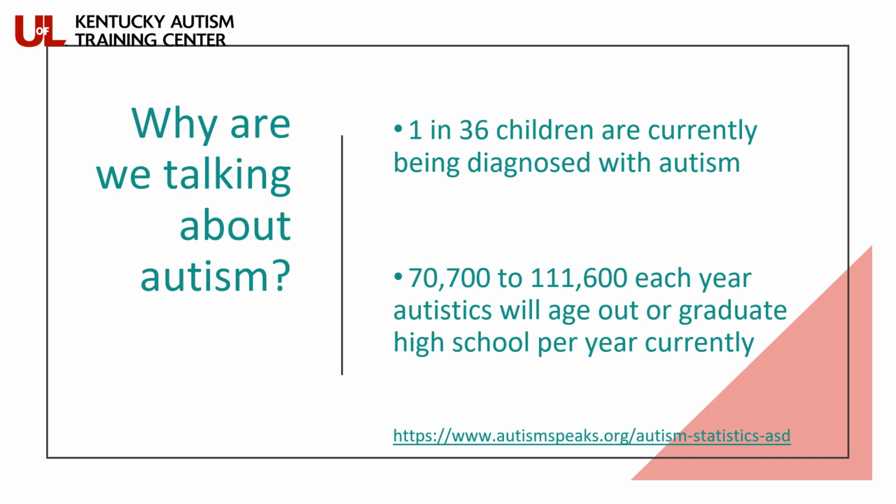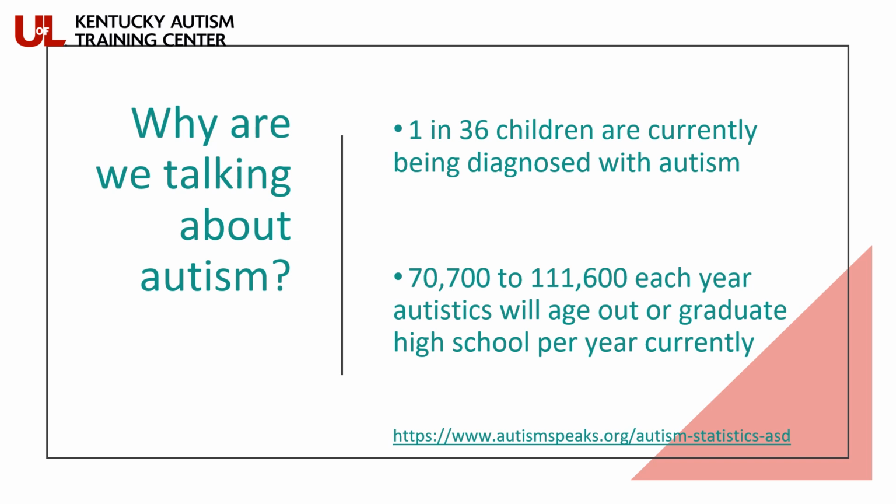And also with autism, there are no visible physical characteristics of it. So you can't just look at an individual or a still picture of a person and say, oh, they have autism, just by looking at them. Now, if you watch them for a while, you may see some characteristics that lead you to wonder if they have autism, but it's that invisible disability where there are no physical characteristics that are going to be obvious.